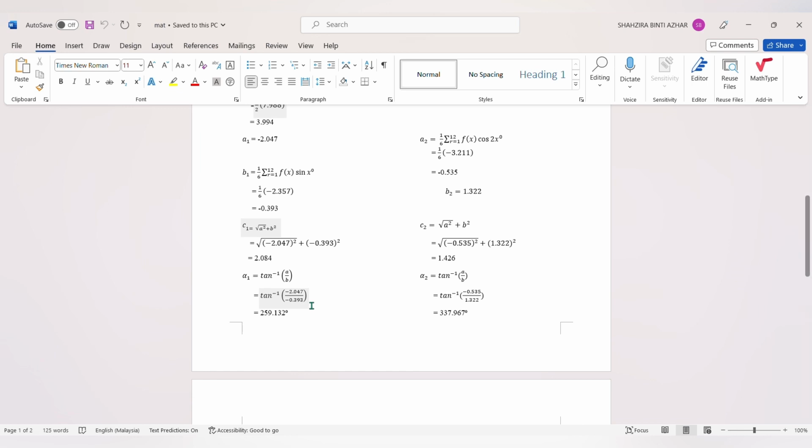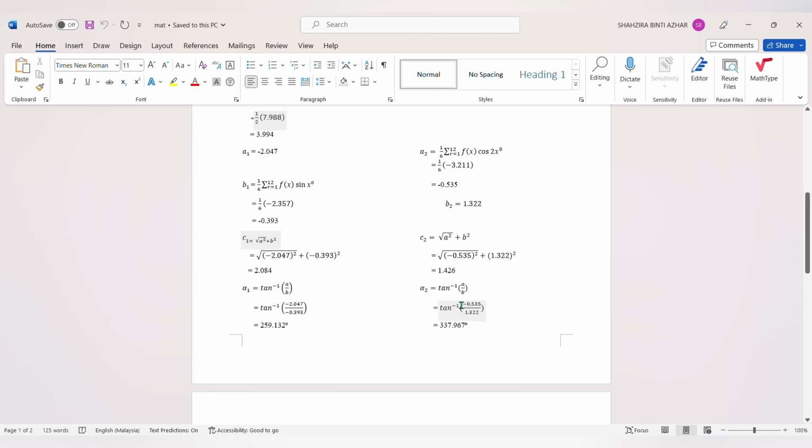The angle is in the negative y, negative x quadrant, so the answer should be plus 180 degrees.